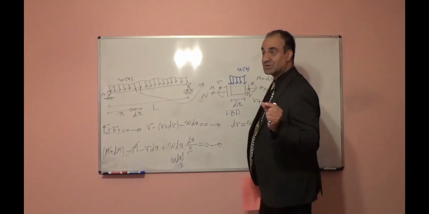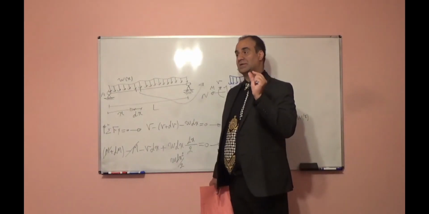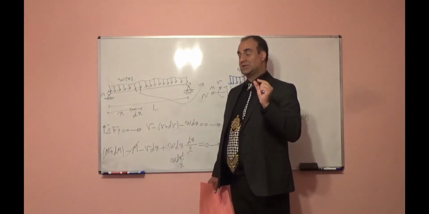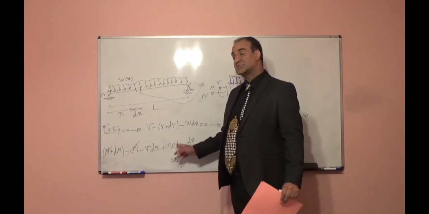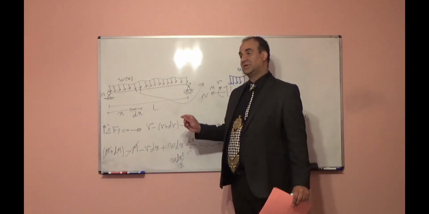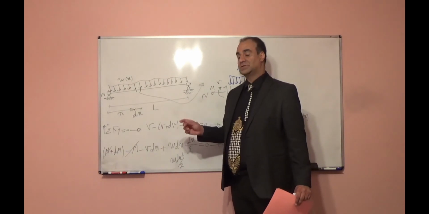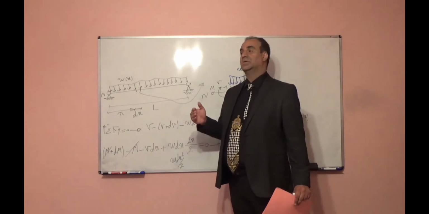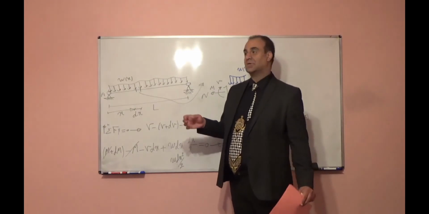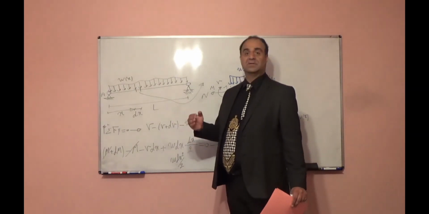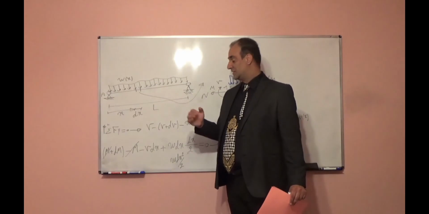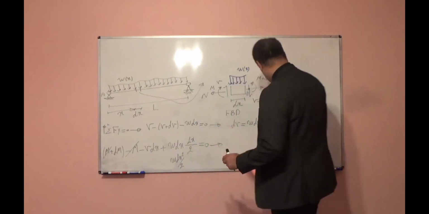Pay attention, dx is a very small length, a differential length. Dx squared will be much smaller, because a small quantity squared is much smaller. For example, 0.1 is a small number; 0.1 squared is 0.01, so it gets much smaller.